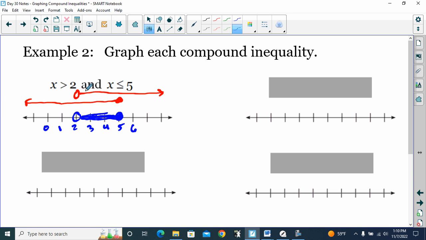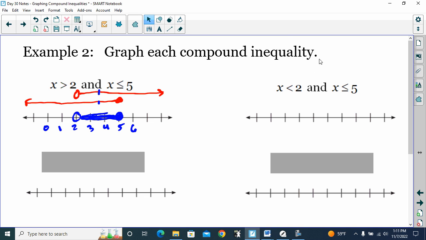So again, I'm using the top here as kind of checking my work. And remember it said for an and statement to be true, I need both to be true. I'm looking for where both of them are, the overlap of the 2 inequalities. Let's try another one. X is less than 2 and x is less than or equal to 5.